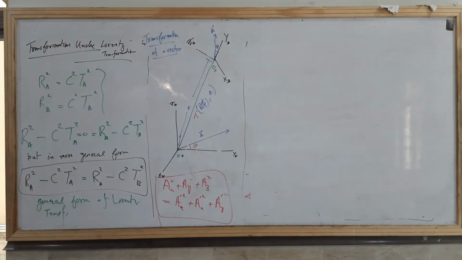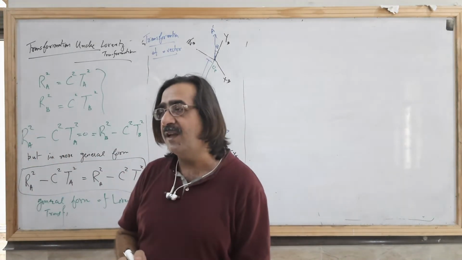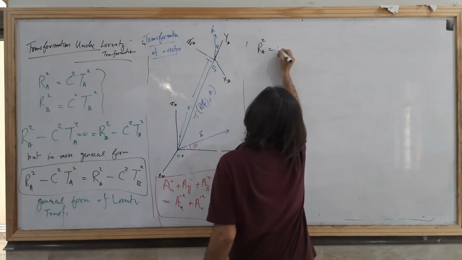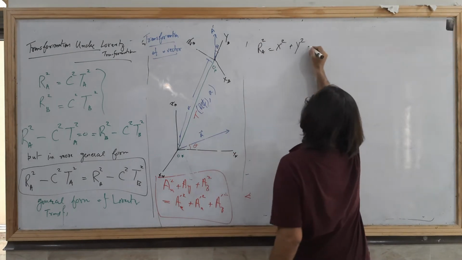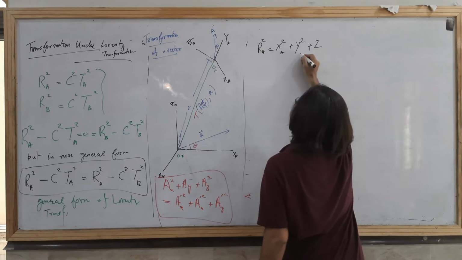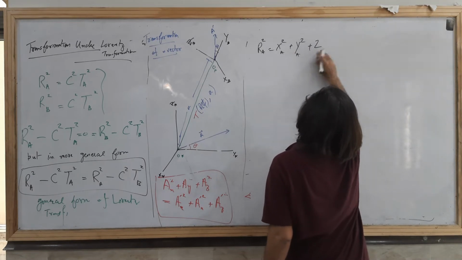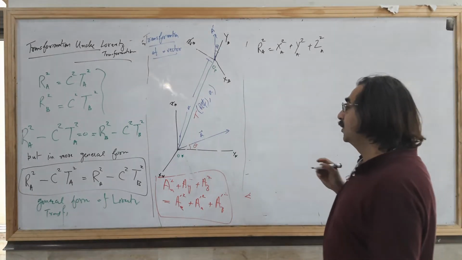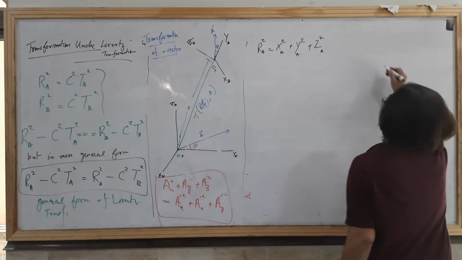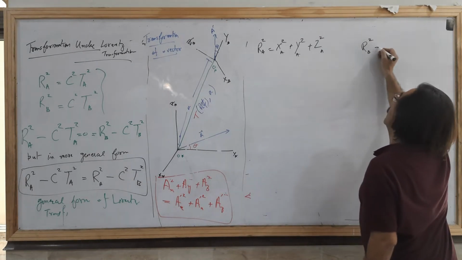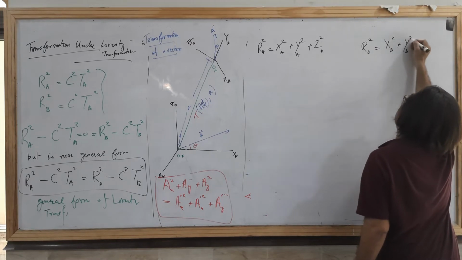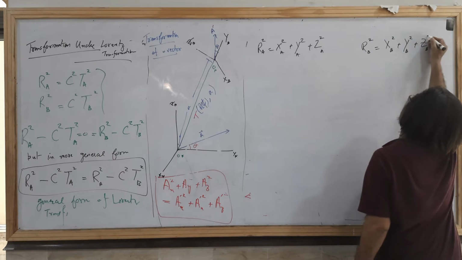How will we explain it? What is this? This RA square, I have already explained. What is RA? RA square is XA square plus YA square plus ZA square, and RB square is XB square plus YB square plus ZB square.